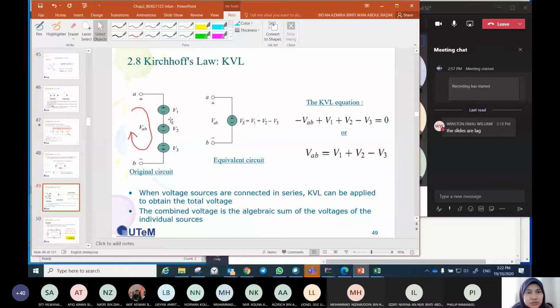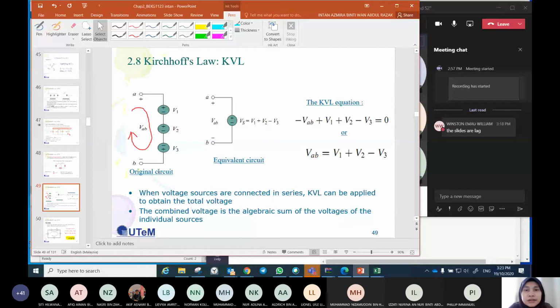So Vs here is equal to V1 plus V2 minus V3. Why minus V3? Because the sign of V3 is in the opposite way of VAB. The sign of VAB is the same as V1 and V2, but V3 is in the opposite way, so minus V3.